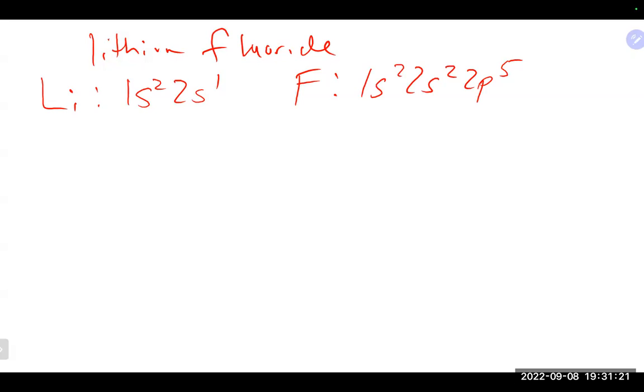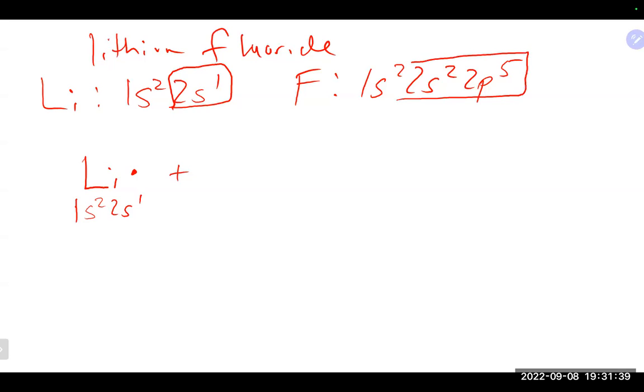It has 1 valence electron, which would be this one right there. If we drew the Lewis dot symbol for it, we would have something that looks like this. Fluorine has its 7 valence electrons, which are these right there, and that means it should have 7 dots, with our 1s2, 2s2, 2p5.